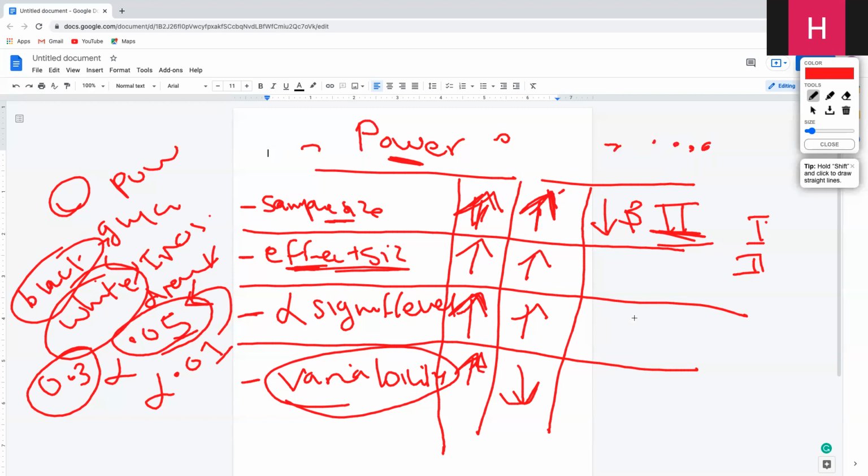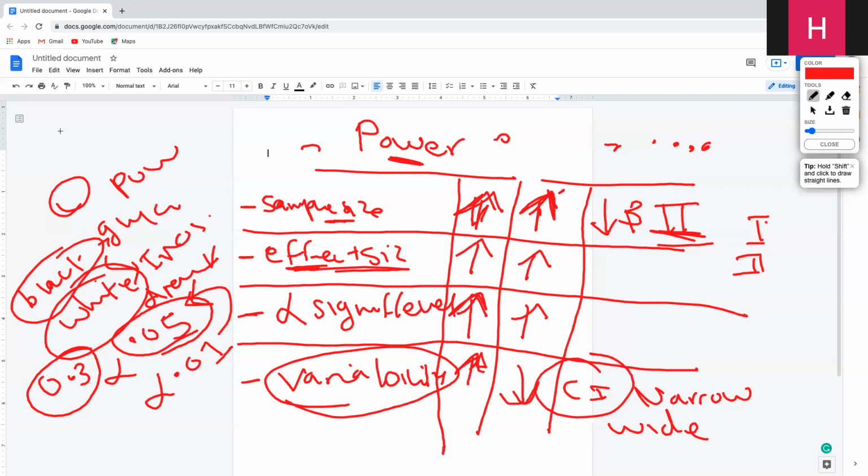And this is related also to the confidence interval, when you're having a narrow confidence interval versus a wide confidence interval. So if the values are variable or distributed all over the place, this is a less powerful study than when you have a study in which the values are close to each other, or when you're having a narrower confidence interval.